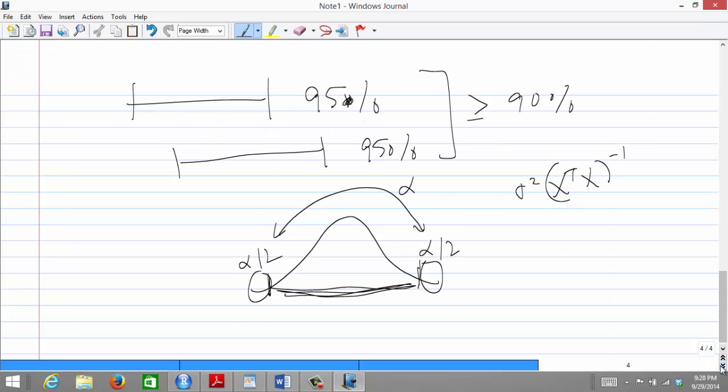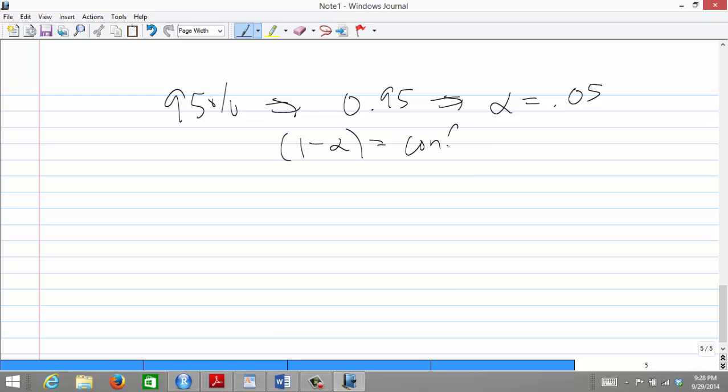In this particular context, we have a 95% confidence interval, so it's a 0.95 confidence level. I keep saying the 1 minus alpha over 2 quantile. If this is my confidence level, then 1 minus alpha equals the confidence level, and solving for this, we can easily see that alpha has to be 0.05.